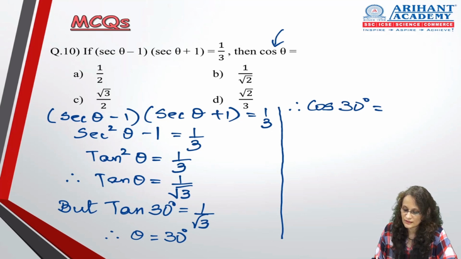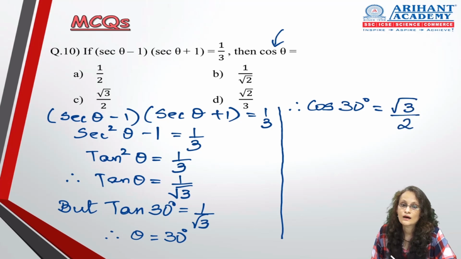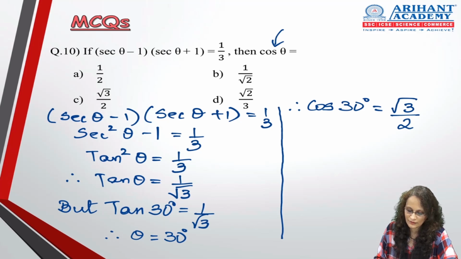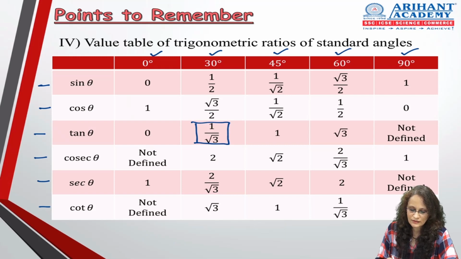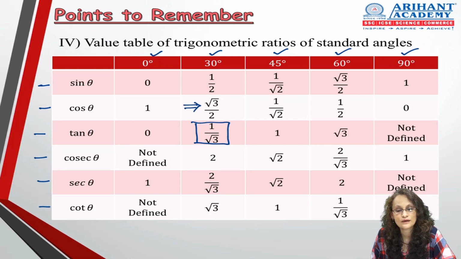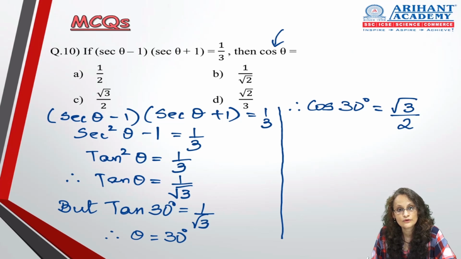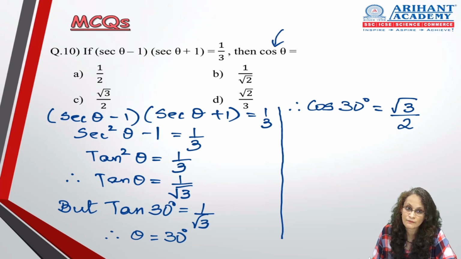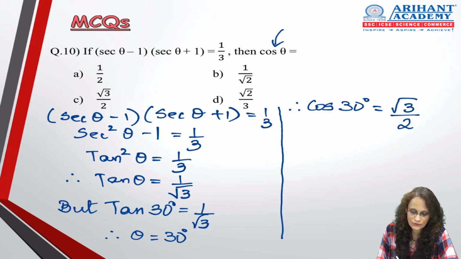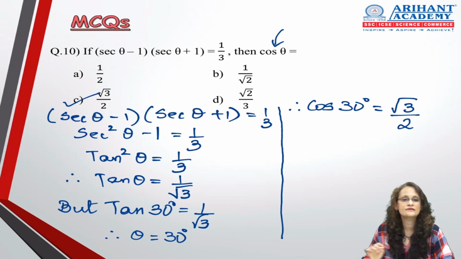Cos 30 is equal to what is the value? Root 3 upon 2. अगर डाउट है आपके मन में, so let me swipe back and take you. See, cos 30 is equal to root 3 upon 2. Alright, so we have got cos 30 as root 3 upon 2, और root 3 upon 2 ऑप्शन में है क्या हमारे पास? Yes, you can see option C is root 3 upon 2.